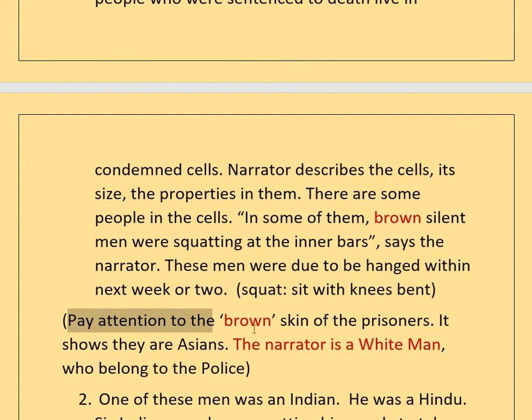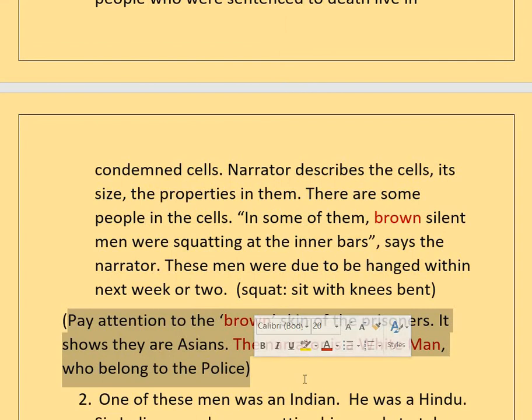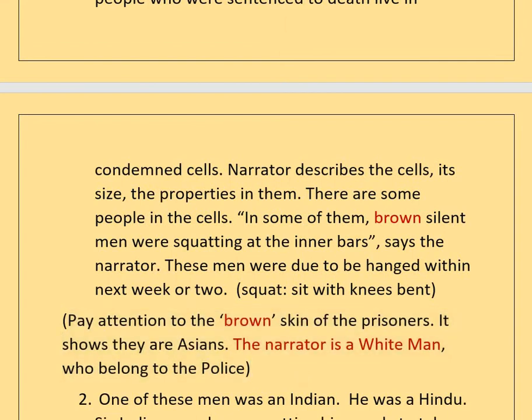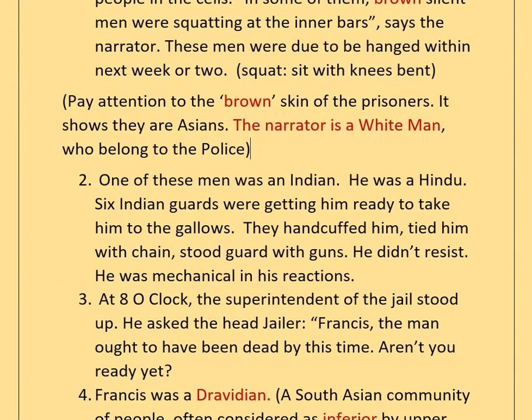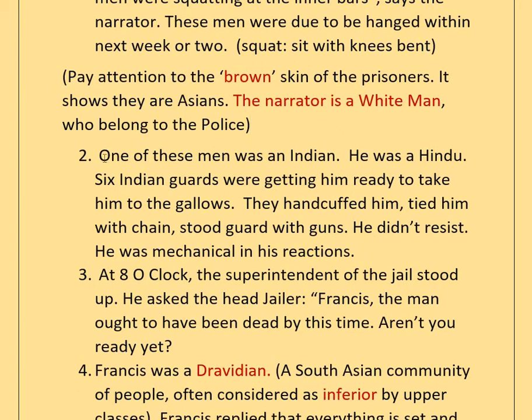Pay attention to the brown skin of the prisoners. It shows they are Asians. The narrator is a white man who belongs to the police. Now the second para. One of these men was an Indian.